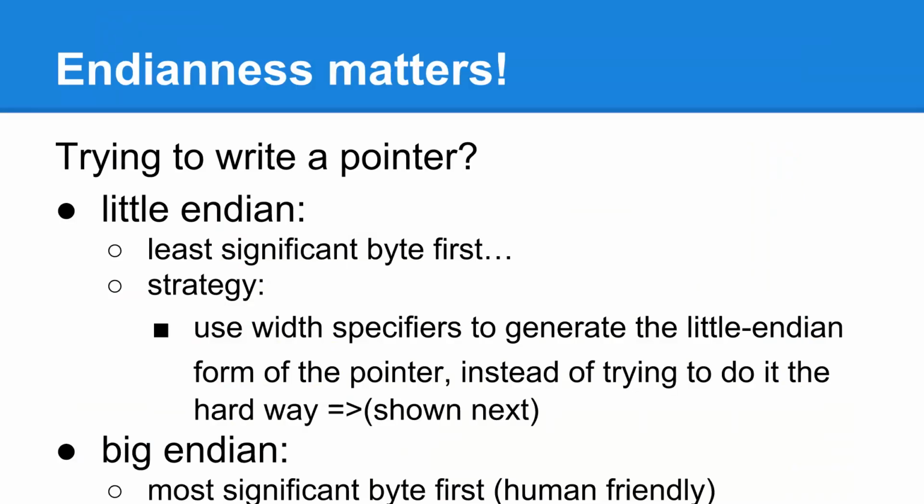However, what matters most if you're trying to write a pointer is the endianness of the target platform. So if it's little endian, again, the least significant byte is going to be first, so it's going to be flipped from what you might expect from the human-friendly format, which is big endian, where the most significant byte is first in memory.